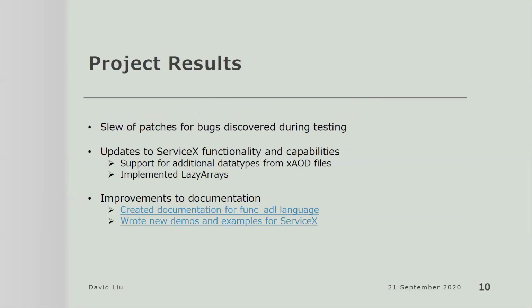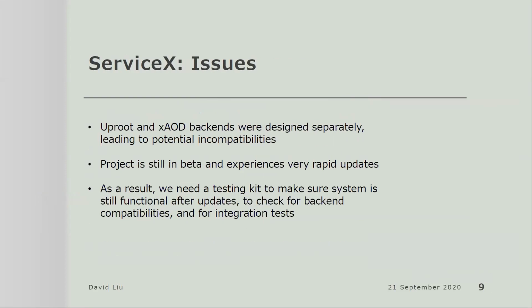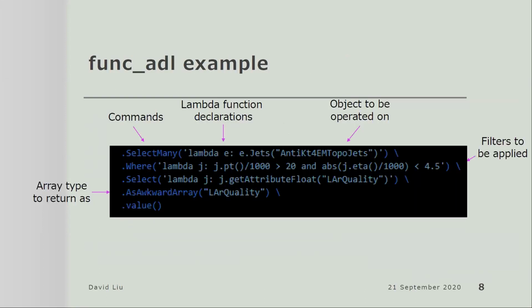So Vlad, I just wanted to quickly follow up on that slide 9 that David was showing. It was the FuncADL example. It wasn't slide 9, it was slide 8. The stuff that's inside quotes is actually proper Python. The Python interpreter, we in fact use Python to compile it.